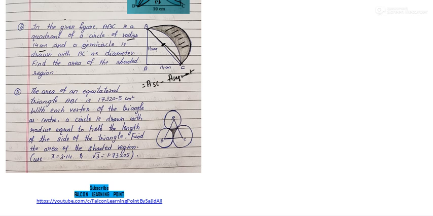See, area of semicircle minus area of segment. Okay, so area of semicircle is pi r square by 2, correct? Now area of segment is what? This segment you have to subtract. You have to subtract it from area of sector ABC minus triangle ABC.